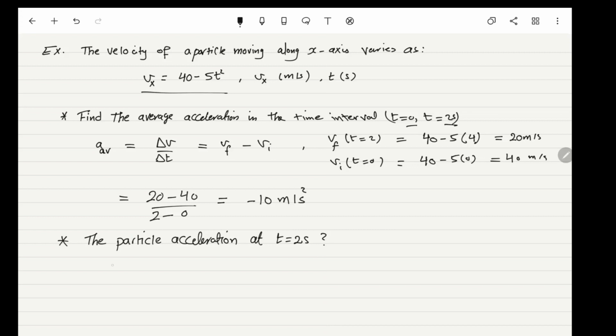The particle's acceleration here is an instantaneous acceleration. It's equal to dv by dt when t equals 2 seconds. So the derivative is minus 10t, and with t equal to 2, the acceleration is equal to minus 20 meters per second squared.